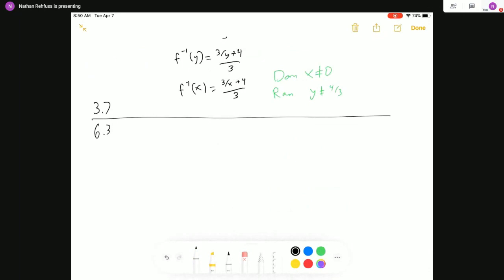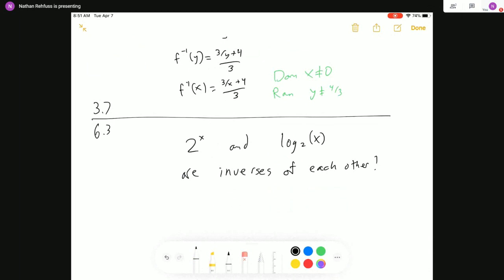For example, 2 to the x and log base 2 of x are inverses. These two functions are inverse functions of each other. They undo each other.